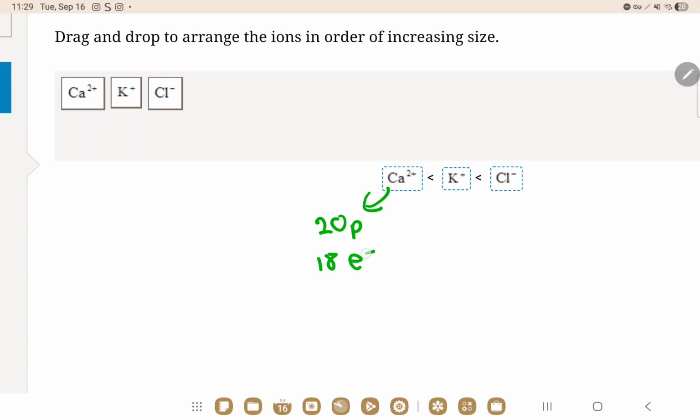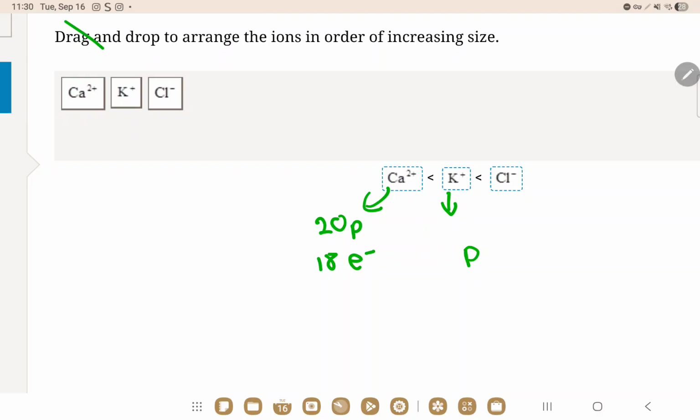K plus has 39 protons and 38 electrons. No wait, my bad, 39 is its mass, I was confused.